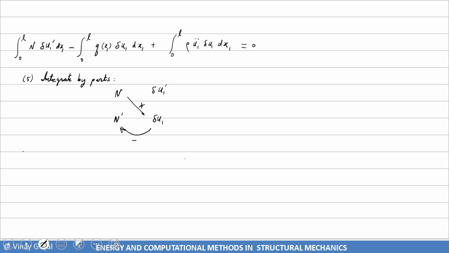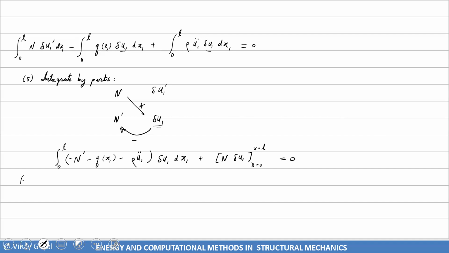So when I integrate by parts, I just continue from 0 to L, and then this goes back into the integral as minus N prime. Notice how these del u1s factor out everywhere, so I'll just do it in one shot. And then I have the boundary terms, which is N del u1 at x equals 0 and x equals L, because the boundaries of this bar go from 0 to L.